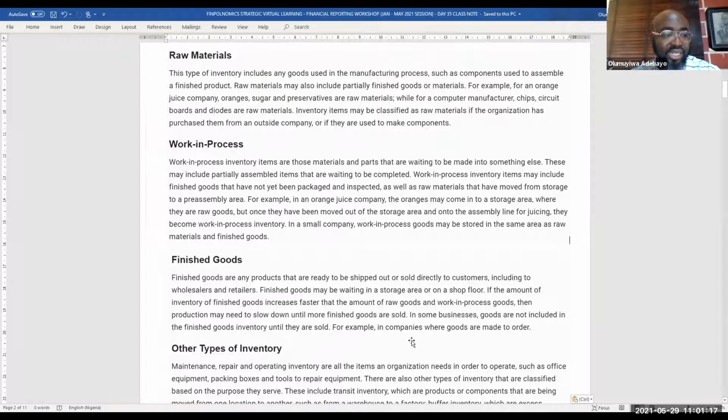Because if you consider it as an inventory, it then means that you must have parted with cash, or you must have assumed a liability for it. If you part with cash, it means you paid for the item and it becomes your inventory. Or if you have not paid for the item, it means you have a payable to a vendor that supplied you those items.